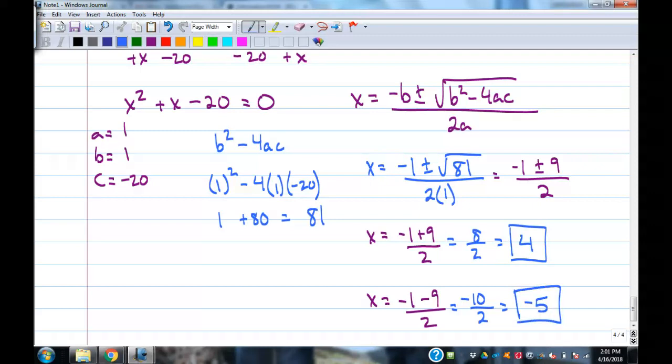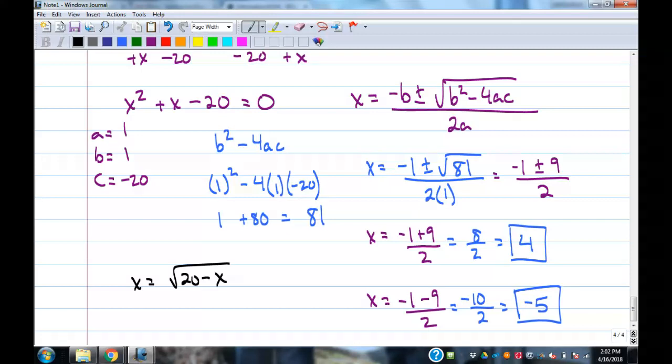If I go back to my original problem, remember my original problem was x equals the square root of 20 minus x. If I plug in 4, what's 20 minus 4? 16. What's the square root of 16? 4. That's what's over here, right? Because that's x. x is 4. If I plug in negative 5, what's 20 minus negative 5?